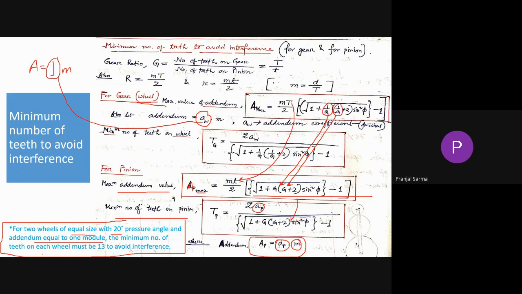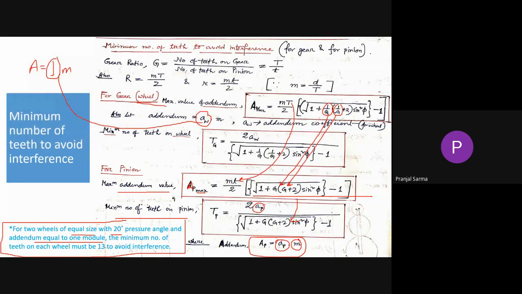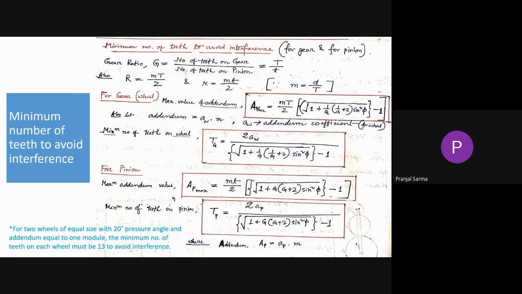Here the minimum number of teeth required on each wheel is 13, which is required to avoid interference. So you can just note this down, these expressions which will be required later while solving the problems.